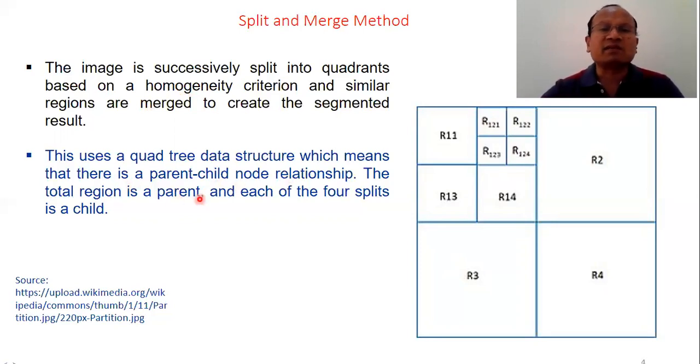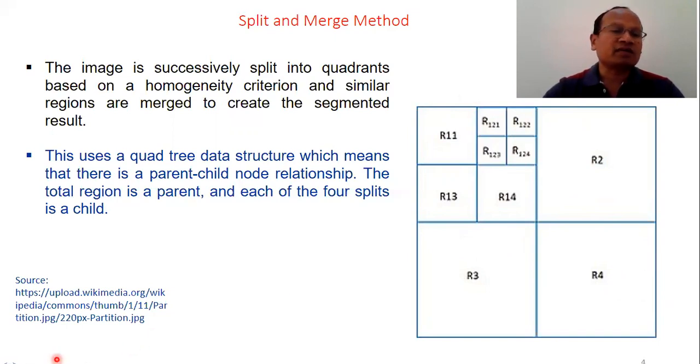That means there is a parent-child node relationship: the total region is the parent, and each of the four splits is a child. If this entire image is the region R, first of all this R has been split into four parts: R1, R2, R3 and R4.